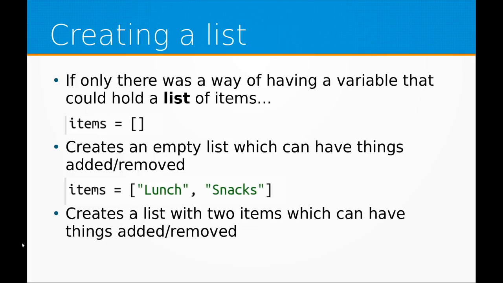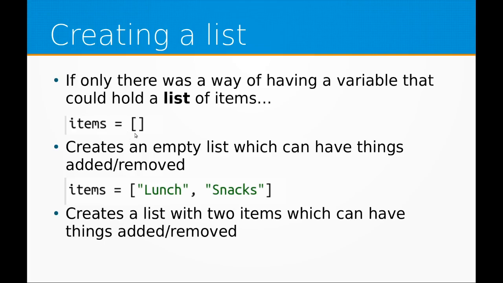So a list is essentially a single variable that can hold multiple things in it. You can look at this example, and this is creating a variable called items, so all the items in your backpack, and it's currently saying that it's an empty list. There's nothing in your backpack, so the square brackets is how it's saying, oh yeah, it's a list, but there's nothing in the brackets, so it's an empty list.